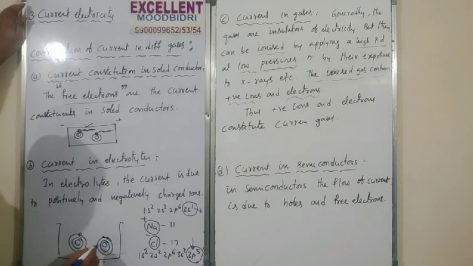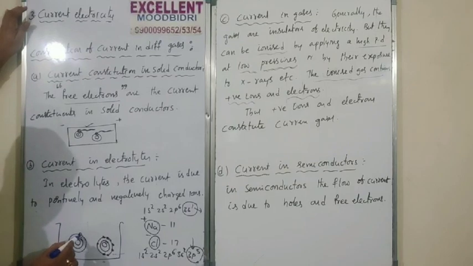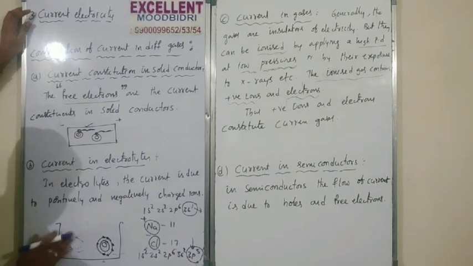Here 6 and 2 make a total of 8, so 1s2, 2s2, 2p6. One more will also be there. You know electron configuration, all those things. So electron configuration, the outer shell.